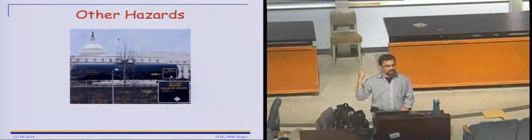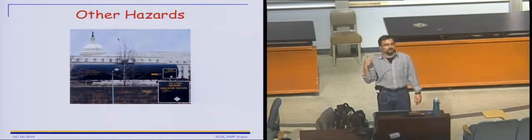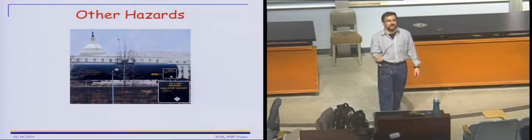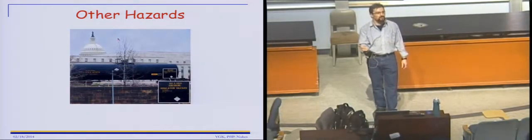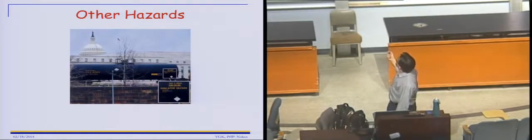And there's 13 million metric tons of chlorine being transported on US railroads annually, and 150 million tons of other chemicals. So these are clearly hazards.